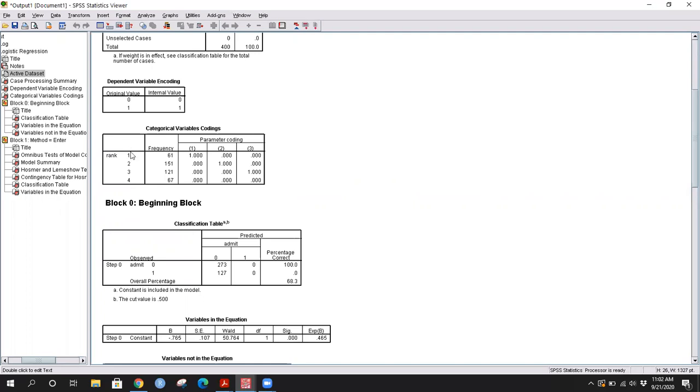So the order is ascending. So 1 is the topmost rank college and 4 is the lowest or bottommost rank college. And in your data, you have 61 college students in rank 1, 151 from rank 2 colleges, 121 from rank 3, and 67 from rank 4.